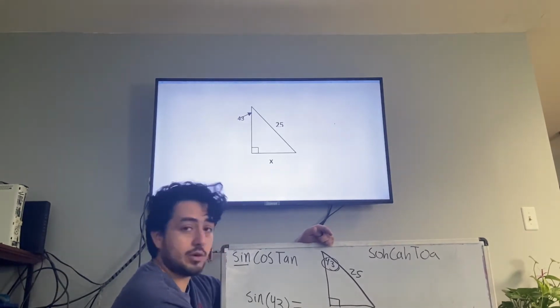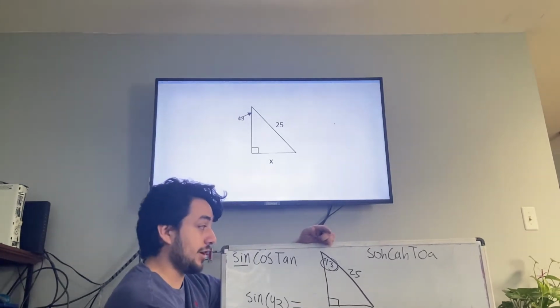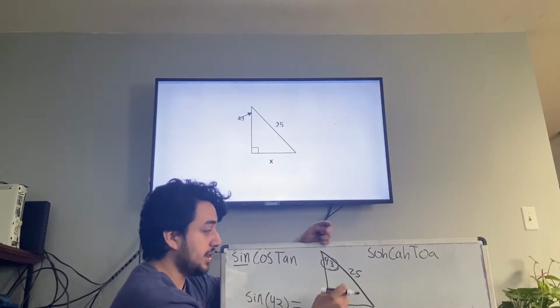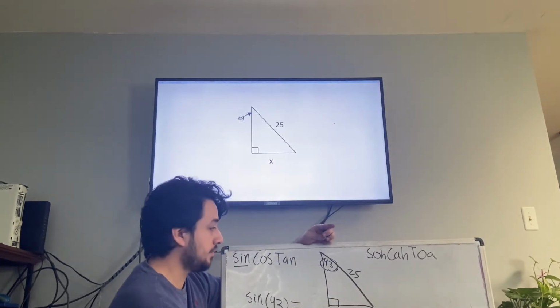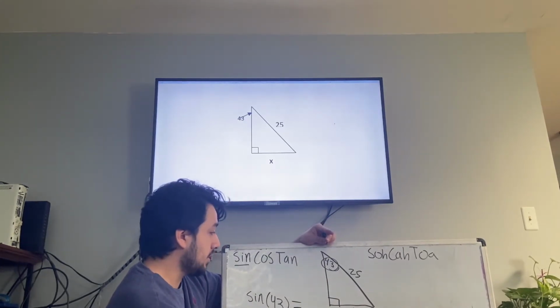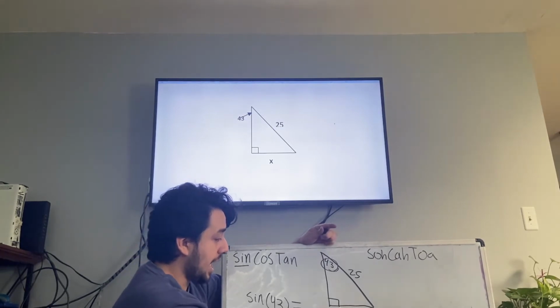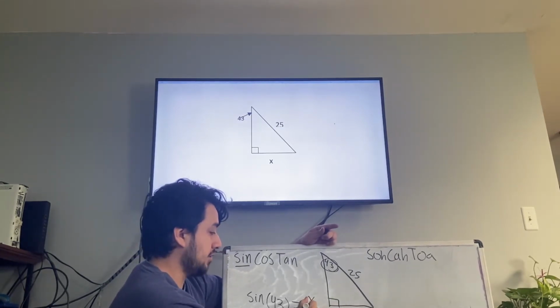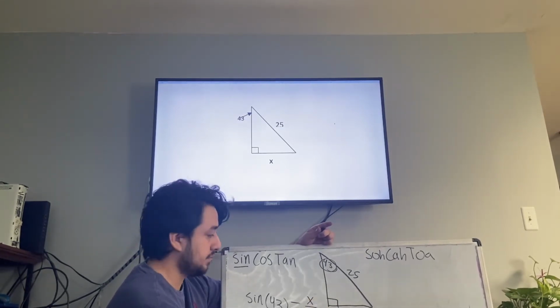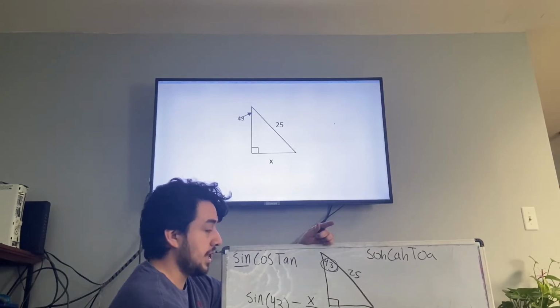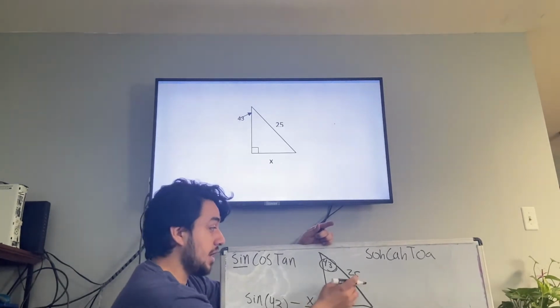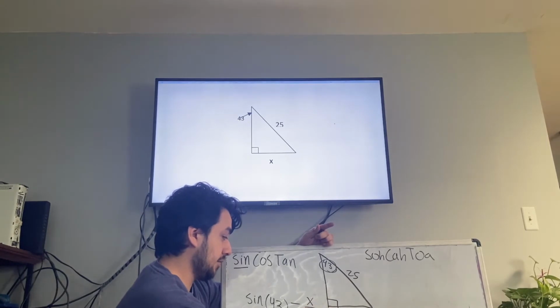Now, your right side is always going to be a fraction. Whether that fraction is yet to be determined depends on your specific right triangle. So here, you're going to have x as your numerator. And as you might have guessed, your denominator is going to be your hypotenuse, 25.